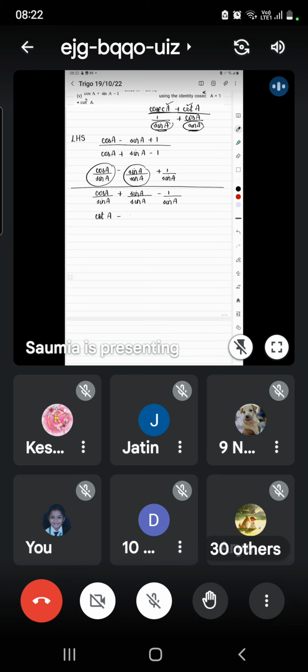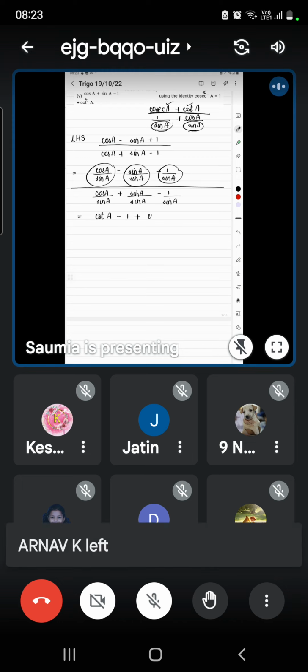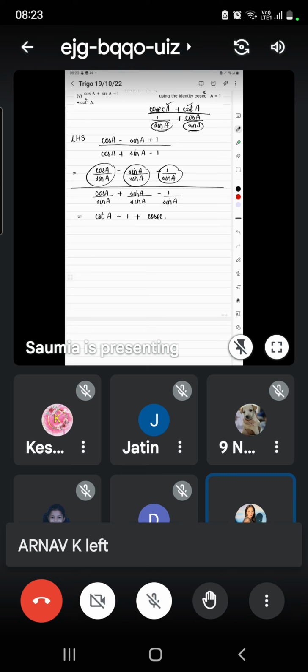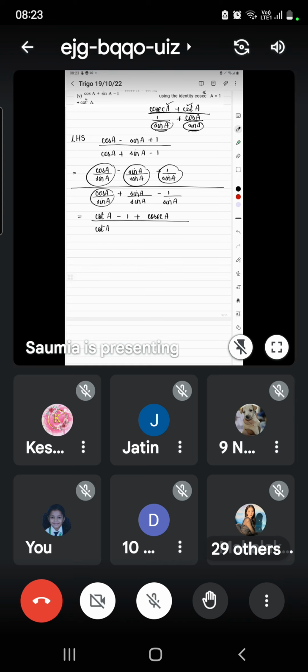So what will this become? 1. And what will this become? Cosec A. Now, what will this become? Cot A. This and this cosec. Is this much clear to everyone?